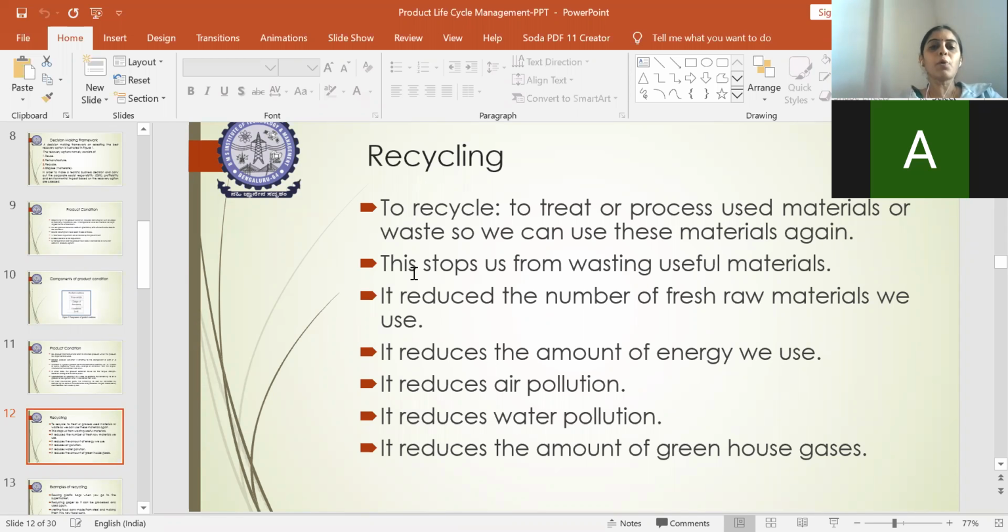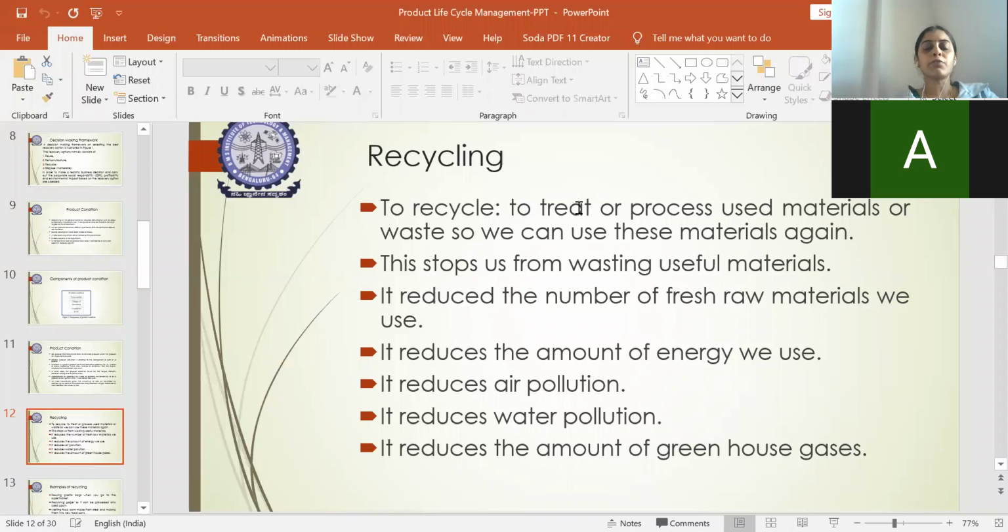So this was about the recovery of the product based on different strategies. Then you should know about something related to recycling of a product also. We spoke about reuse, remanufacturing and recycling. So what happens exactly in recycling? It is a process we follow in order to use the materials again and again without making them into waste.